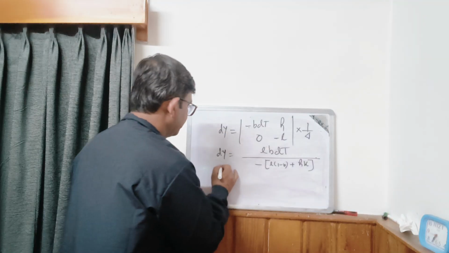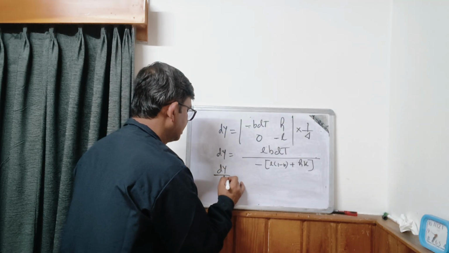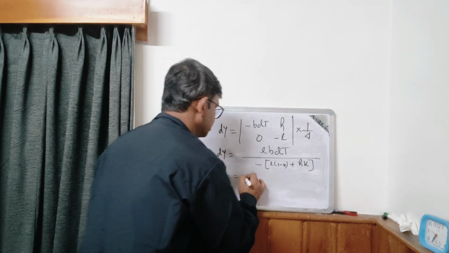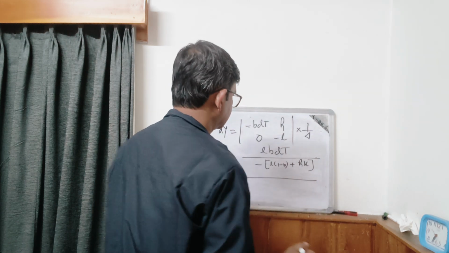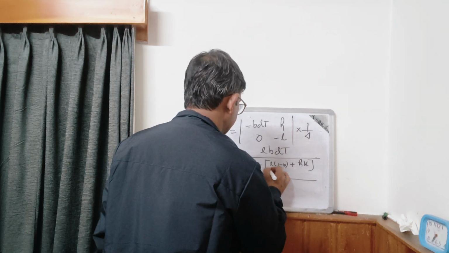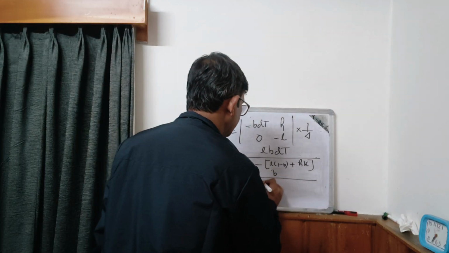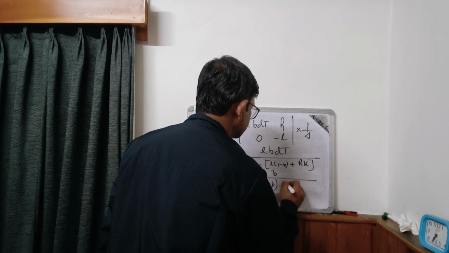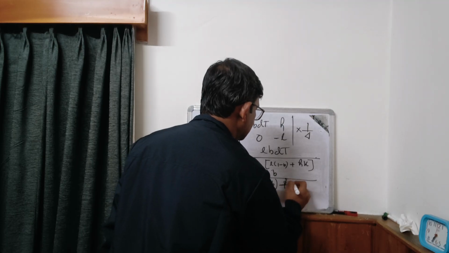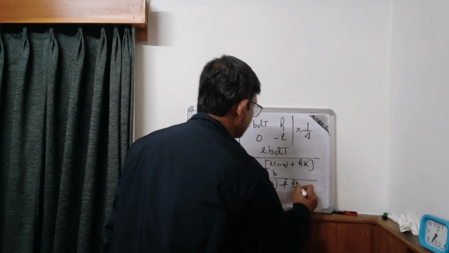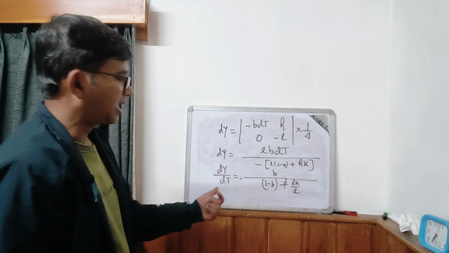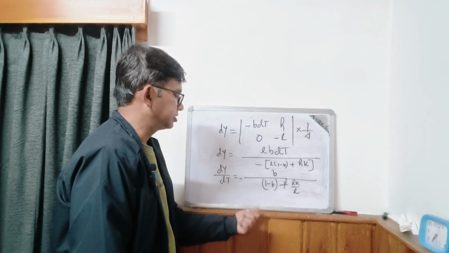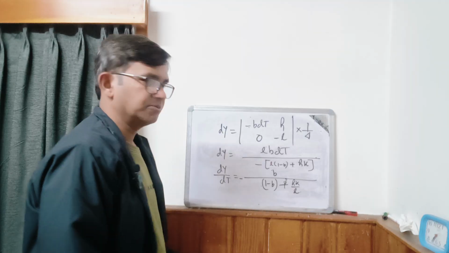So if we do it, dY/dT equals to, if we divide both sides by L, we'll get minus b over 1 minus b plus h k over L. So this is the value of the tax multiplier whenever we are considering the case of a lump sum tax.